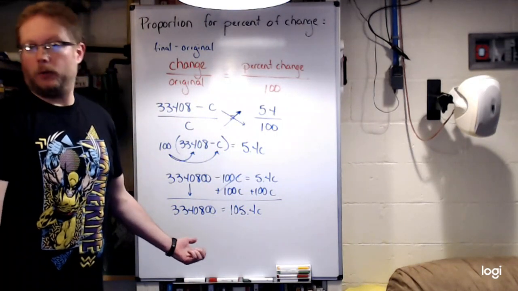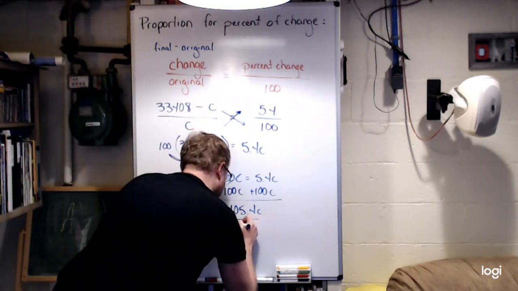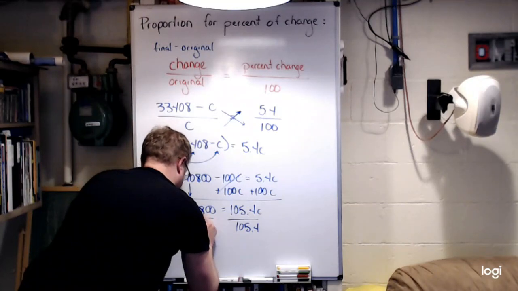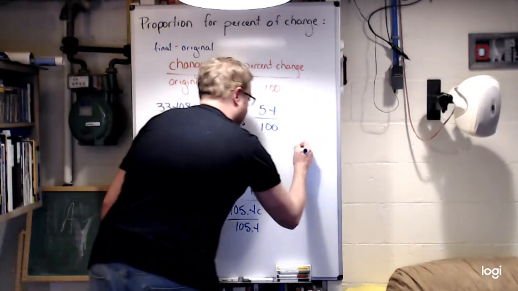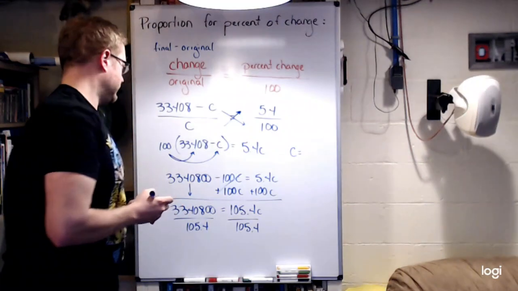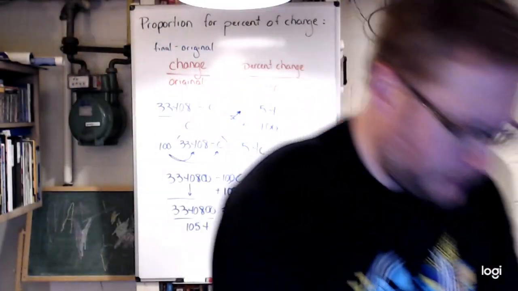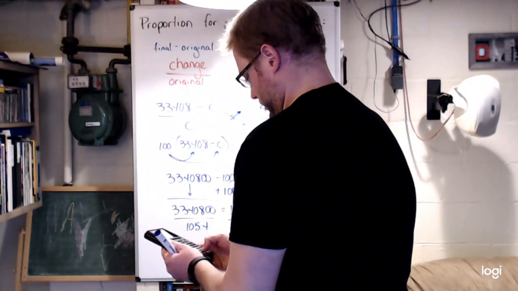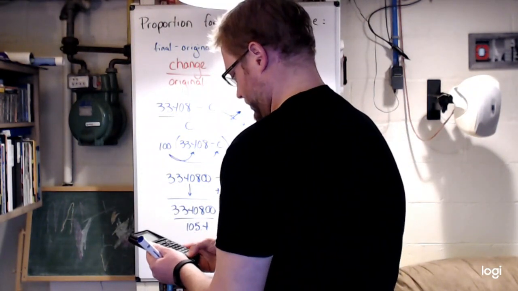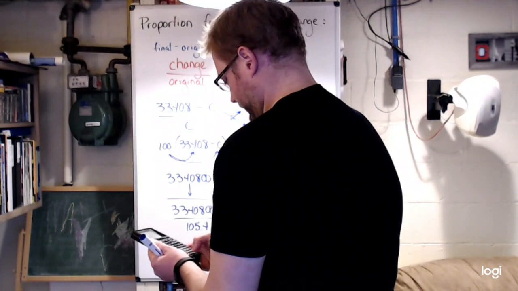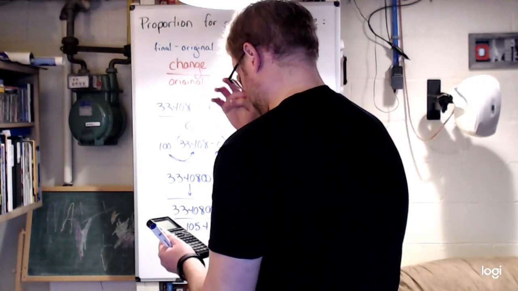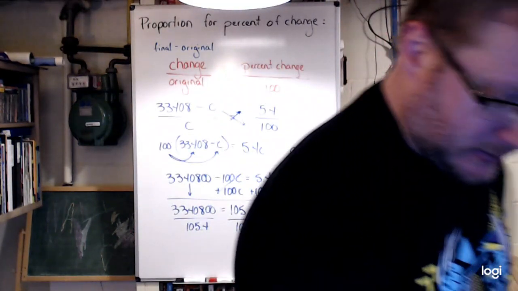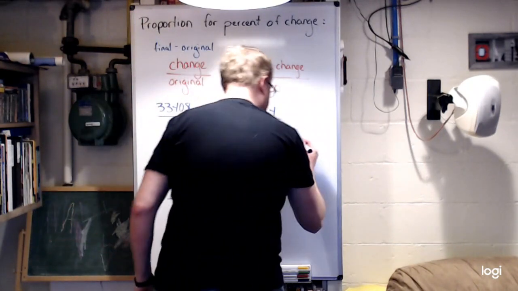Divide both sides by 105.4. And C, or my original cost, will be, let me punch it into my calculator, 3,340,800 divided by 105.4, and that gives me, rounded, $31,696.39.